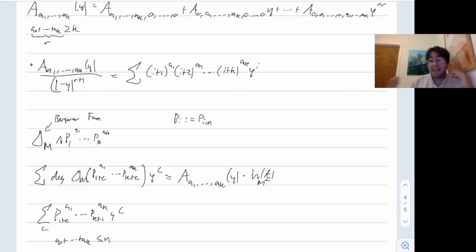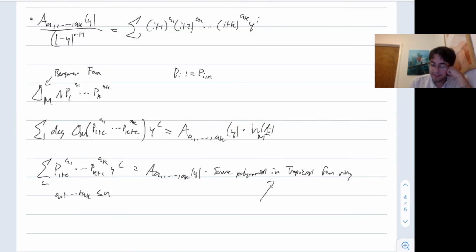If it added up to n, we'd get the mixed Eulerian polynomial. But if it adds up to less than n, then it turns out it factorizes as the mixed Eulerian number of a1 through ak times some polynomial in the tropical fan ring. And then this, when you intersect with the Bergman fan, gives this H vector that you're looking for.